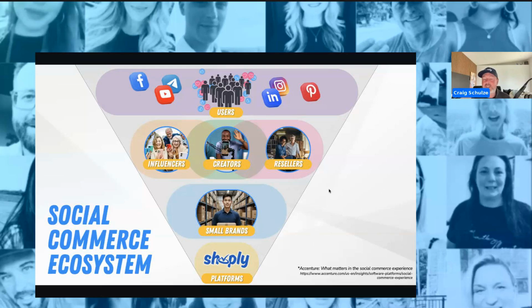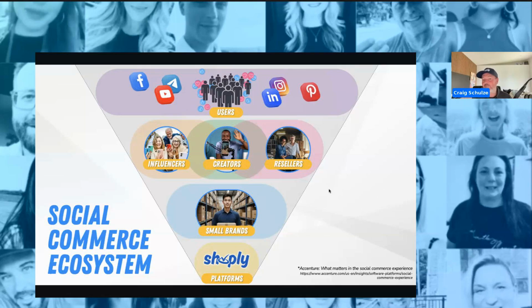If we move one layer down, you've got small brands. Every day of the week, if you have a Facebook account, you would have received one, two, three, or even a dozen different Facebook ads. Small brands participate in this social commerce ecosystem to grow and scale their businesses.